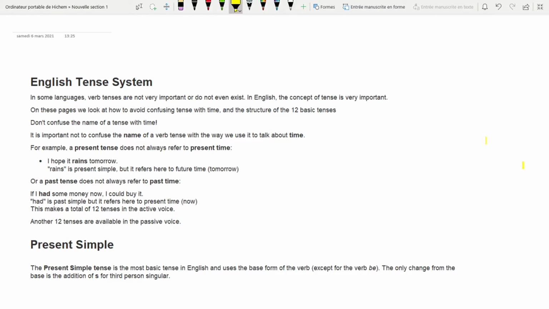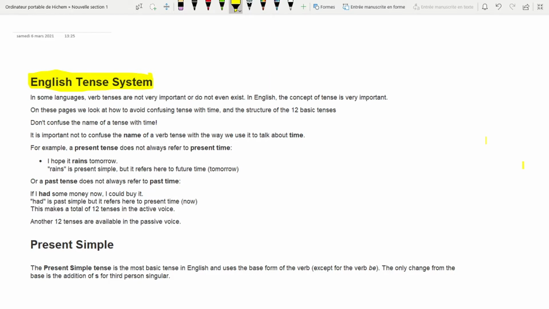So the English tense system, right? A very important notion that you need to understand if you want to understand English grammar in general, because in some languages, verb tenses are not very important, or sometimes they don't even exist. But in English, the concept of tense is crucial.